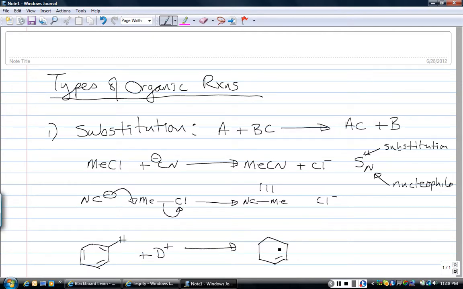This reaction was also a substitution reaction, but this time the character of the incoming species is electrophilic, so I would call this an SE reaction, which means it's electrophilic substitution.